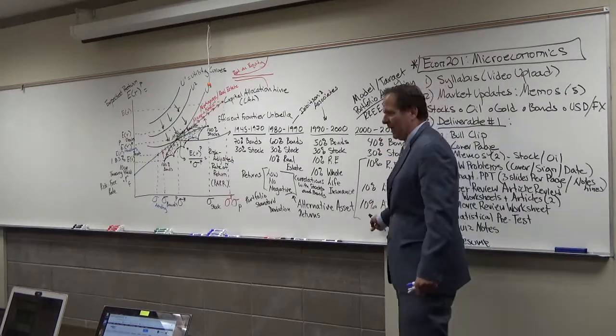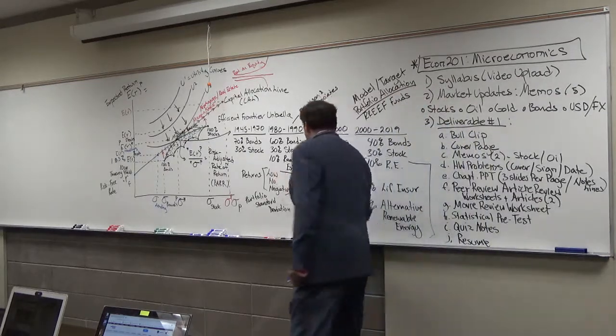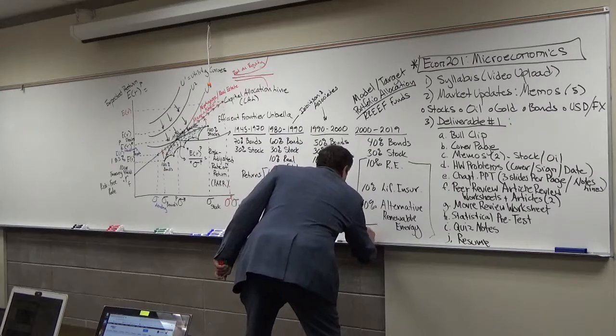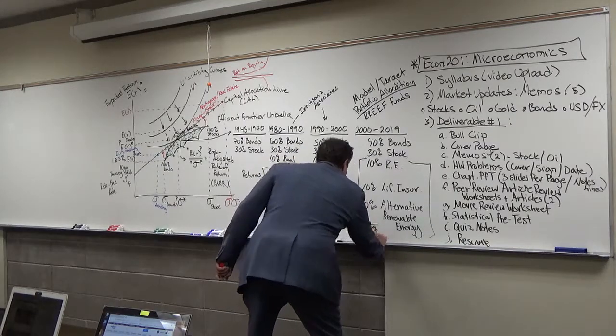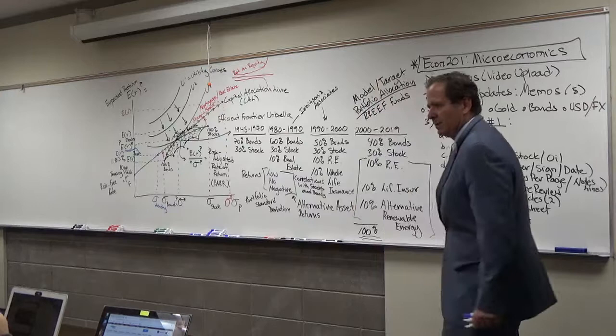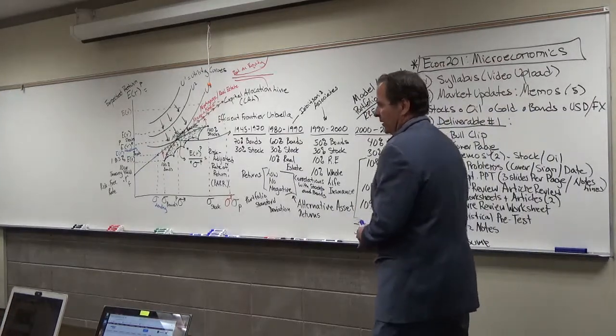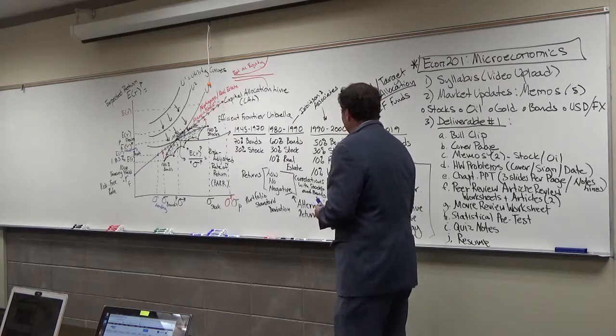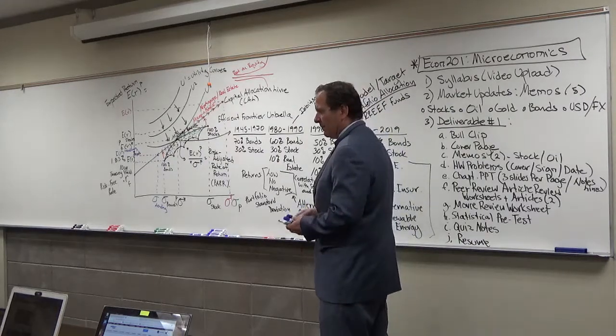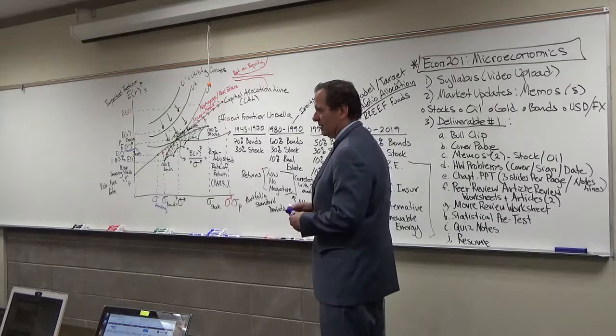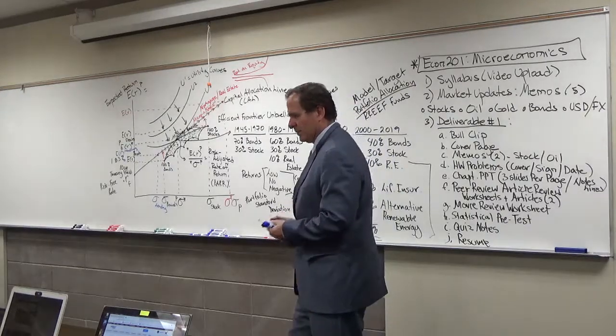And you notice how they all add up to 100? Is everybody following so far? This is your advanced financial microeconomics. Okay. This is key. Right? Hopefully you remember this the rest of your life.